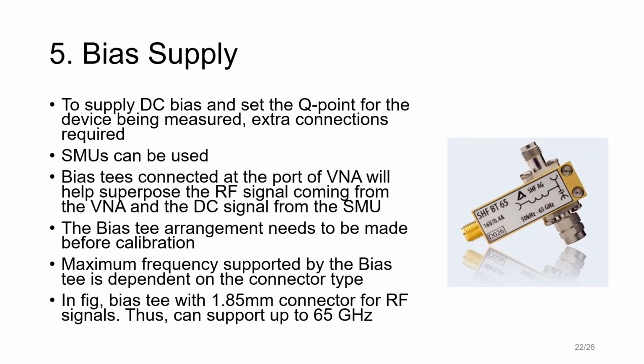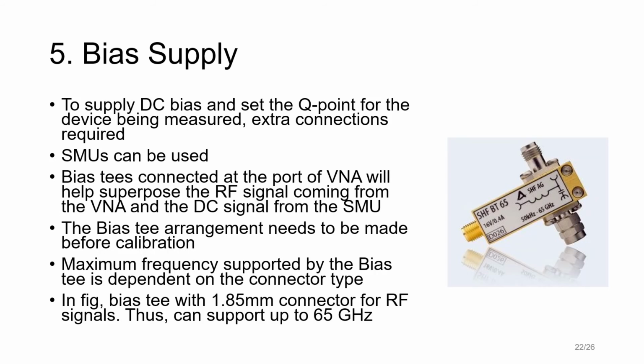If we are interested in the amplifying behavior of the transistor, we will have to provide DC voltage to fix the operating point of the devices being measured while performing the RF measurements. Extra connections are required to make this happen. SMUs will have to be connected to the same GSG pads to bias them. However, we will not use extra probes to probe the same pads.